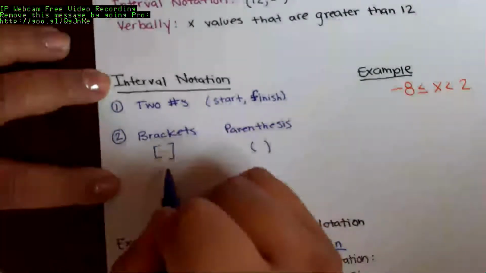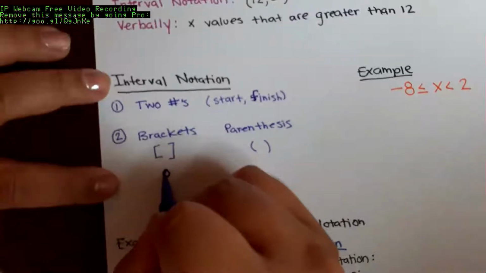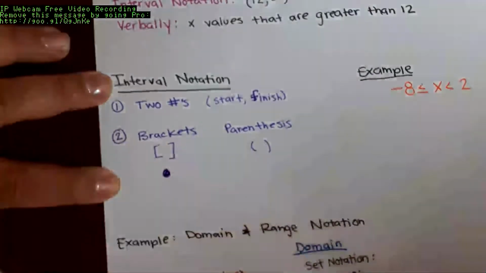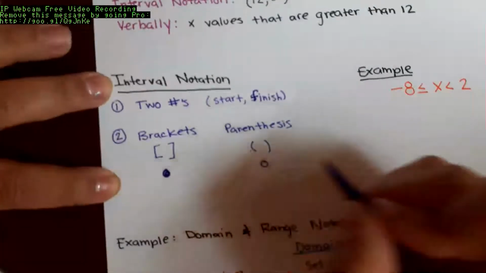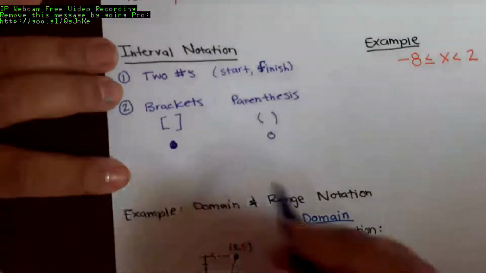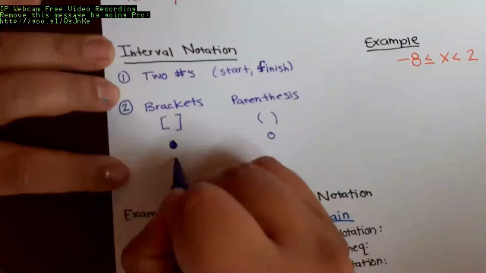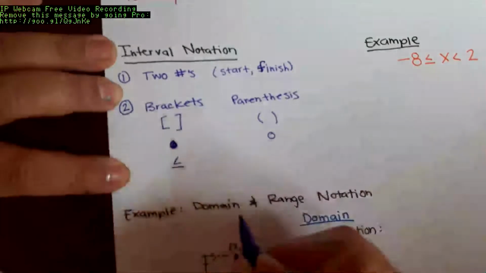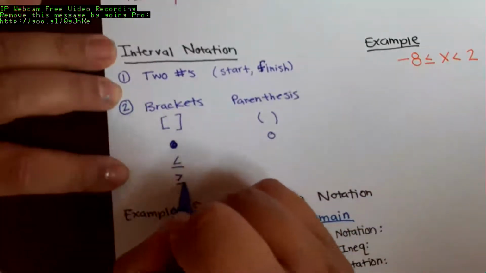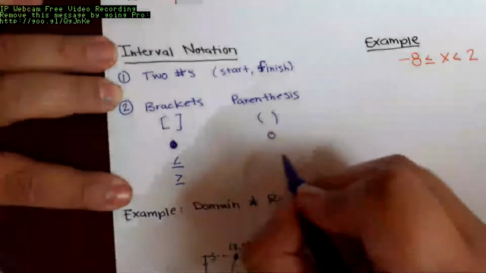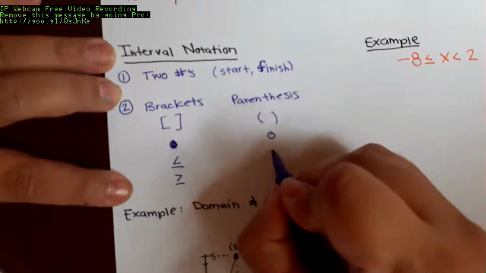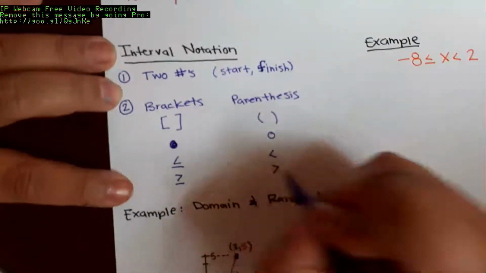So if we remember, for brackets, I'm going to use the closed circle. For my parentheses, I'm going to use an open circle. For my brackets, I'm going to be using less than or equal to, or greater than or equal to. And my parentheses are for greater than and less than.